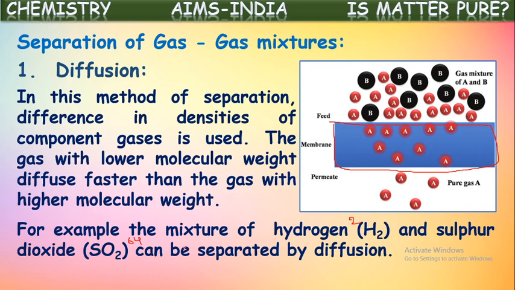So a mixture of these two gases can be separated easily by the diffusion process. When you pass these two gases through a long tube, both gases are released at the same time through one end. Then at the other end, hydrogen gas can be collected immediately, as it is a lighter weight gas and moves much faster. This is the diffusion process.